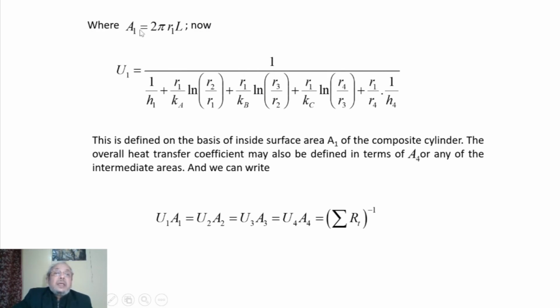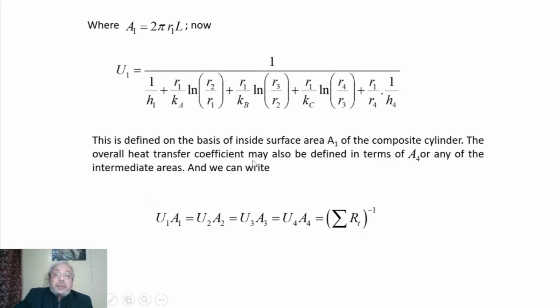Now A1 is twice pi R1 L. We are bringing twice pi R1 L in the denominator and simplifying the terms. So this becomes the U1 expression. This is defined on the basis of inside surface area A1. I have already mentioned it, of the composite cylinder.